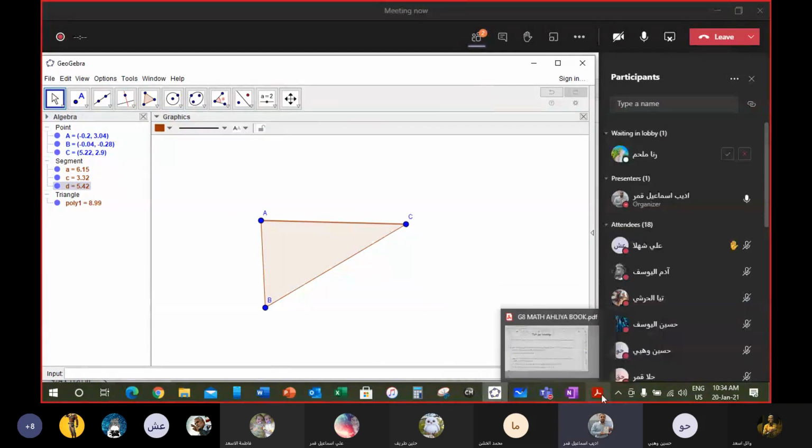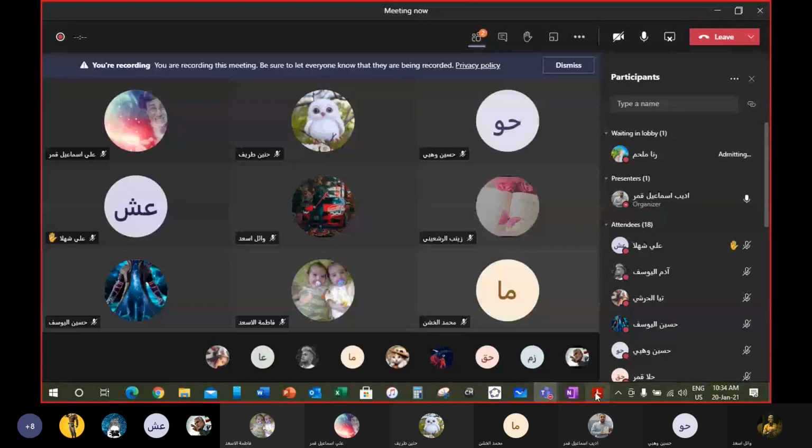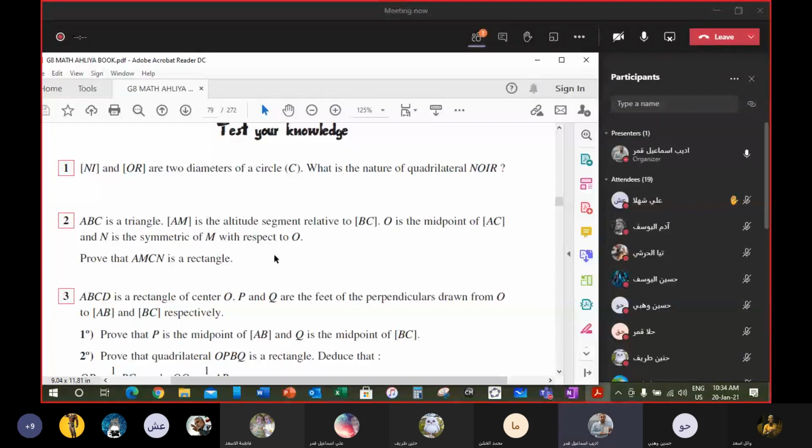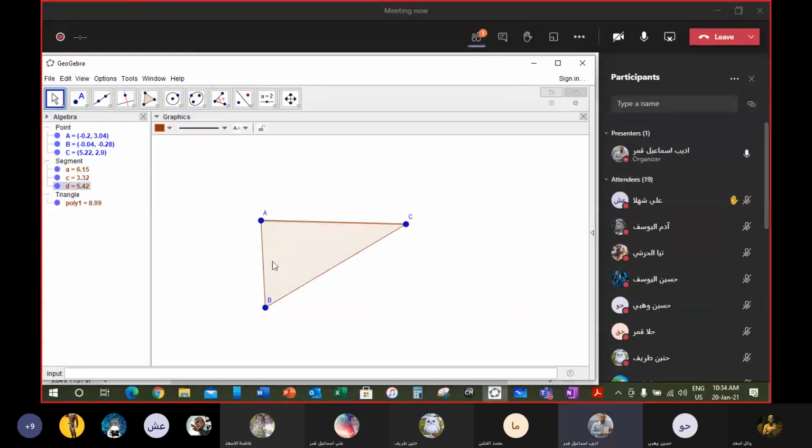ABC is a triangle. Then we have AM is the altitude segment relative to BC. So we have the altitude, the perpendicular. We draw the perpendicular from A to BC.